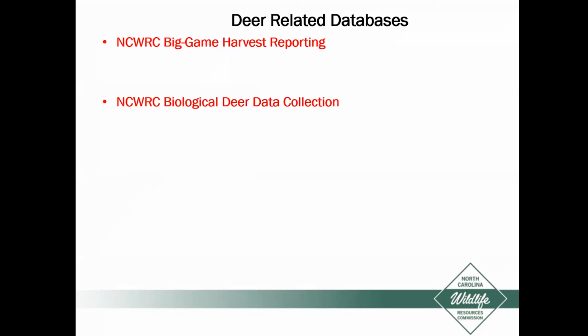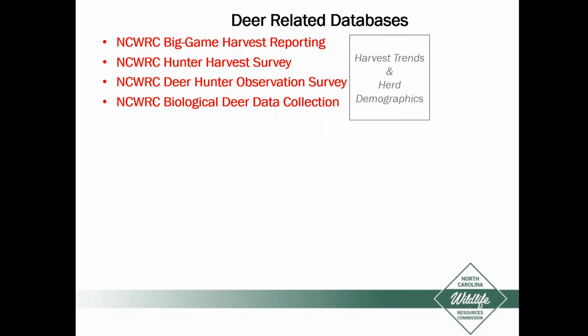The data that we rely on to determine whether or not we're meeting our metrics comes from these 2 databases, our big game harvest reporting and our biological deer data collection. We'll look at both of those, as well as a couple other databases, our hunter harvest survey and our deer hunter observation survey.